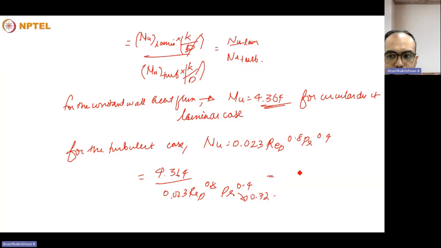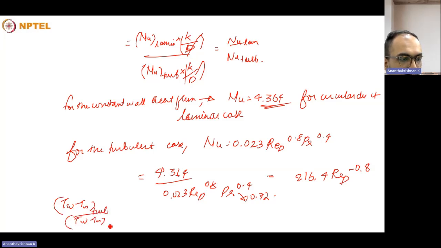So this will actually reduce to 216.4 Reynolds number raised to minus 0.8. So the ratio of Tw minus Tm turbulent divided by Tw minus Tm laminar is equal to this value, 216 Reynolds number with respect to the diameter raised to minus 0.8.